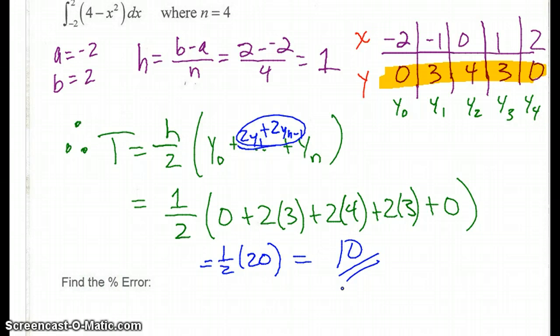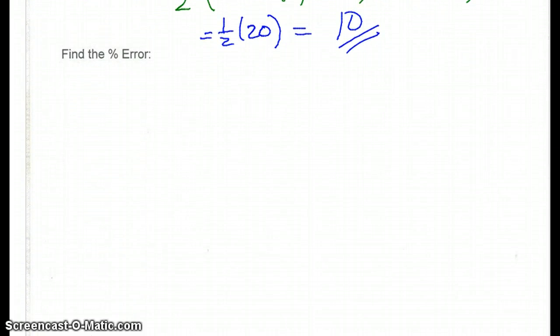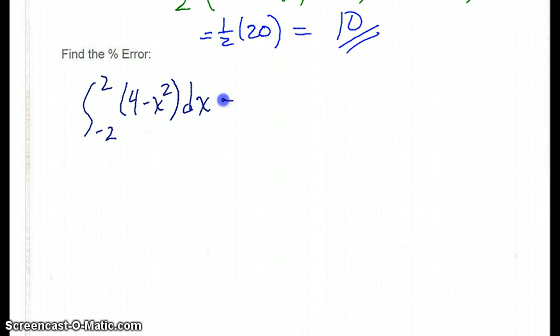Now, let's make sure we look at percent error as well, because we should be able to calculate this. Given that our actual integral is from negative 2 to 2 of the function 4 minus x squared dx, we can say that that is 4x minus x cubed over 3 from negative 2 to 2.